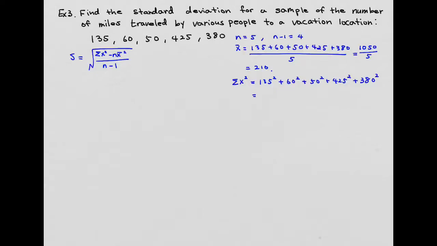And this is going to give you 349,350. Pretty large numbers. So let's see if we can replace that. It will be 349,350 minus 5 times your mean, 210 squared, all over n minus 1, which is 4.